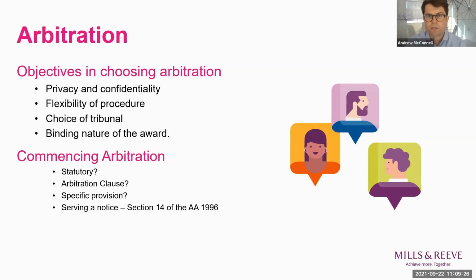Alternatively, if there's an arbitration agreement, it might contain a clause that requires arbitration proceedings to be initiated by a certain time. The parties should also confirm the necessary steps in order to commence an arbitration, which may include things like making a claim, nominating a specific arbitrator, or indeed just notifying the other side of your intention to arbitrate.